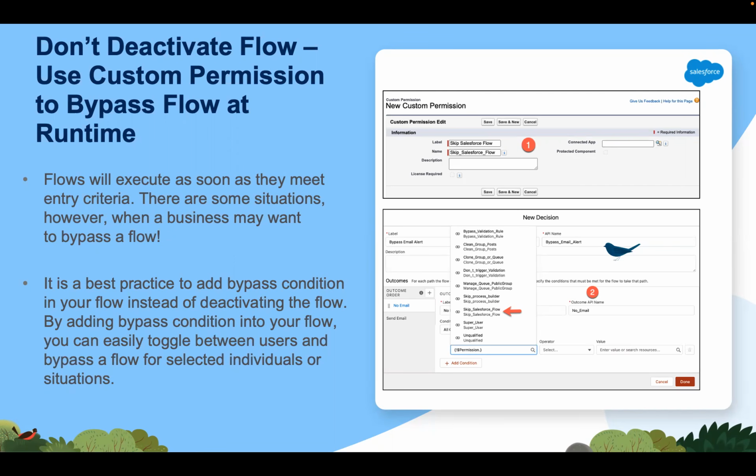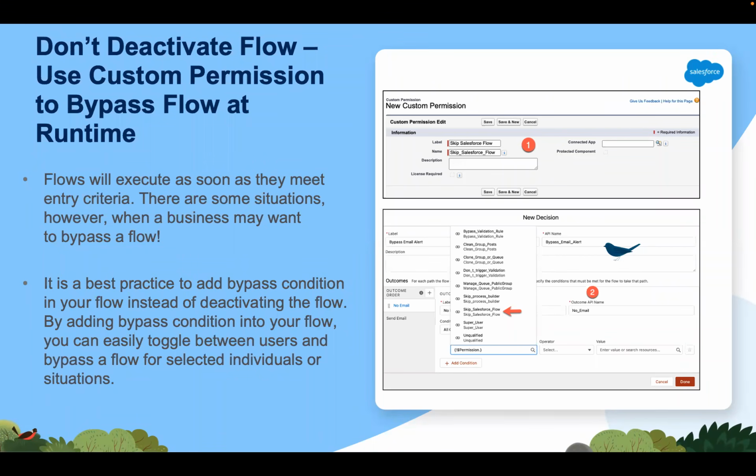If you do this check at the start of the flow, and you want to deactivate the flow at any point of time, you can assign that permission set to yourself, that's all, and then the flow will not fire for you. This is very, very helpful when it comes to designing flows. This is one example; there are lots of examples where custom permissions might be very helpful.